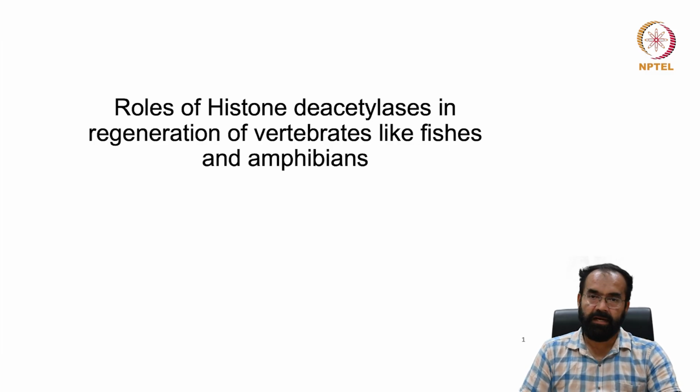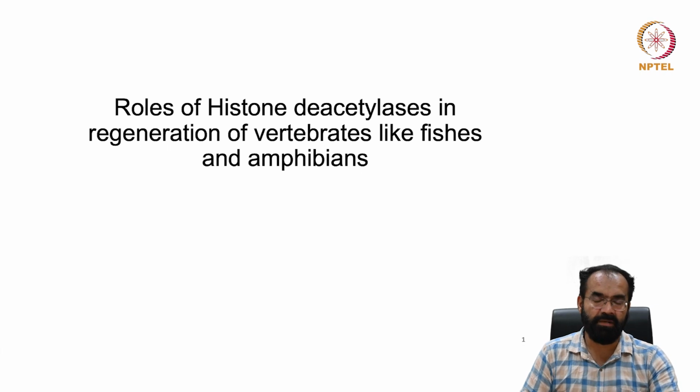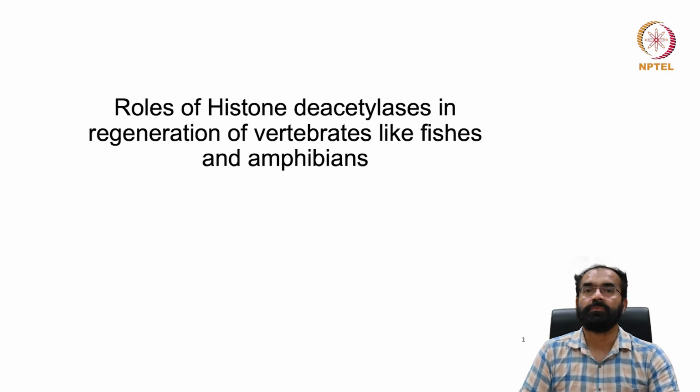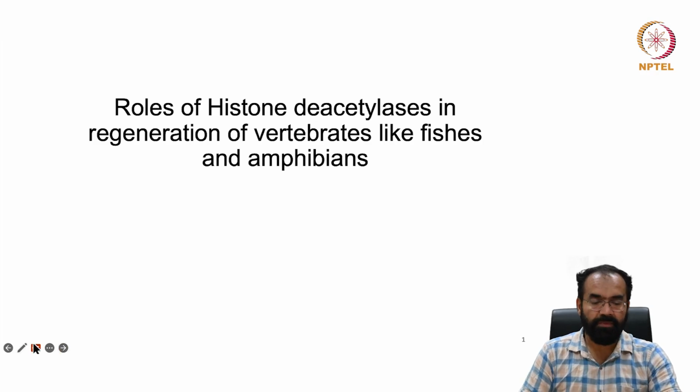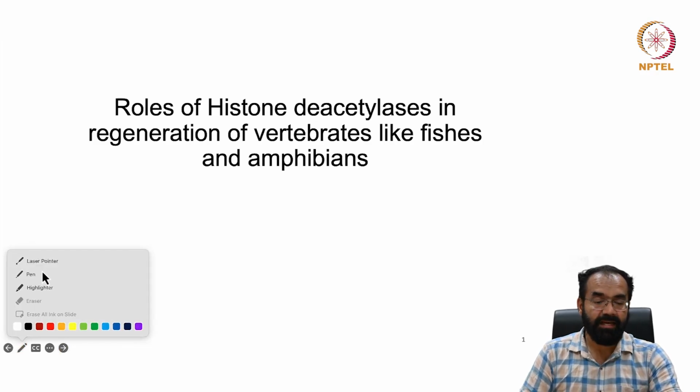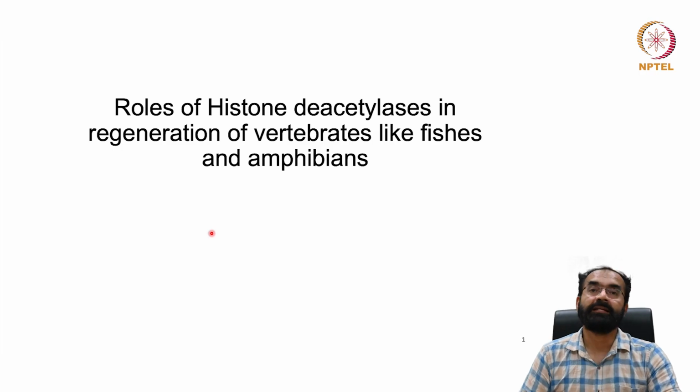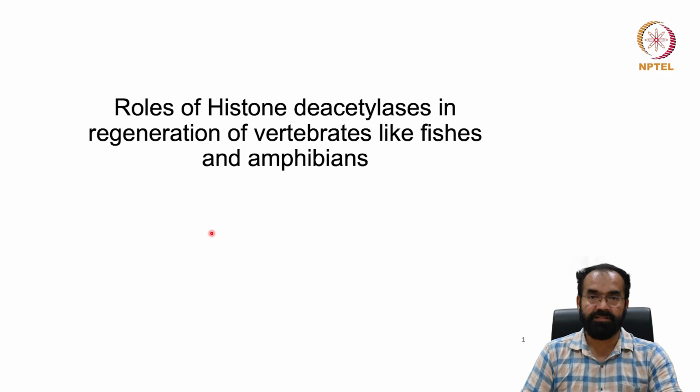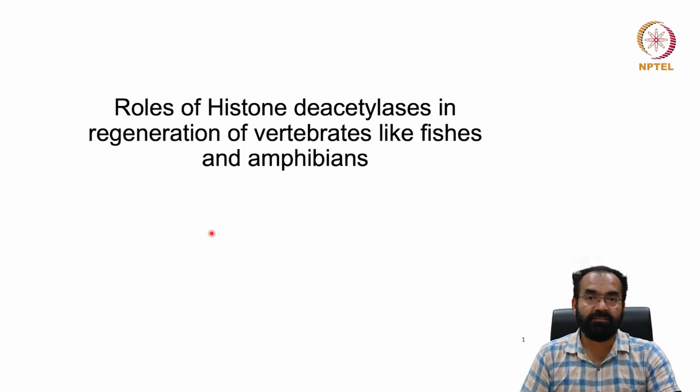In general, there is a discrepancy between the regenerative ability of mammals and fishes when it comes to histone deacetylase. In simple terms, histone deacetylases, if inhibited in zebrafish, do not favor regeneration, whereas in mammals, if you inhibit them, it favors regeneration.